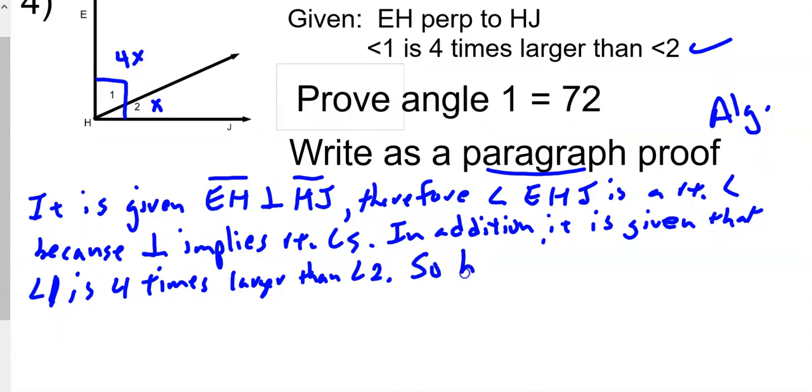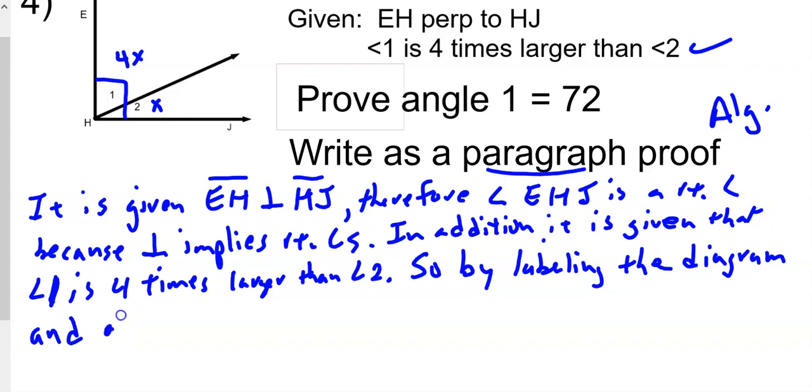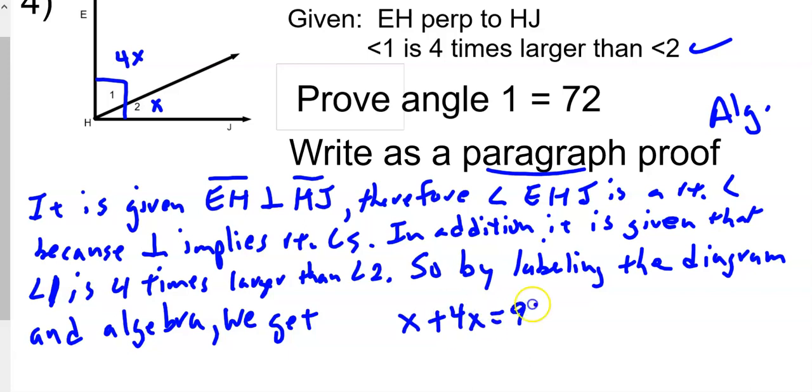So by the diagram, let me change that real quick, by labeling the diagram, which we did with x and 4x and algebra, we get the equation x plus 4x equals 90.